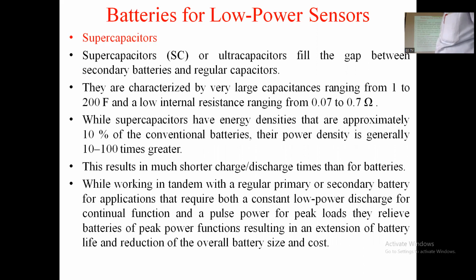Again, nowadays, there is another device which is used to provide a power source. It is nothing but the super capacitor, right? This super capacitor, also called ultra capacitor, fills the gap between secondary battery and regular capacitor.